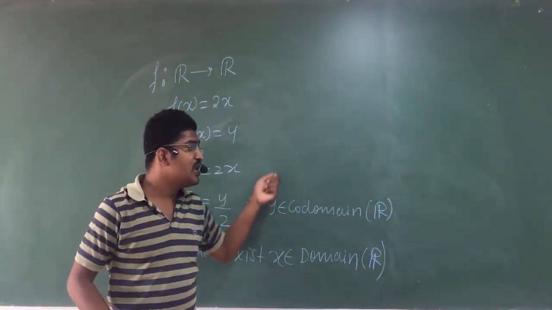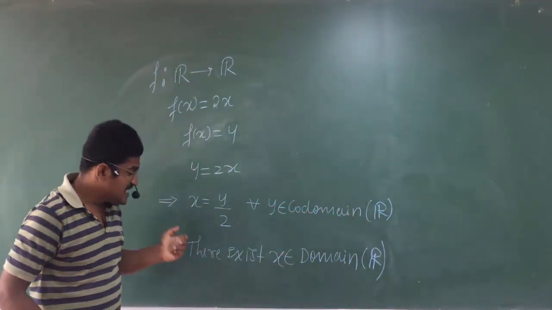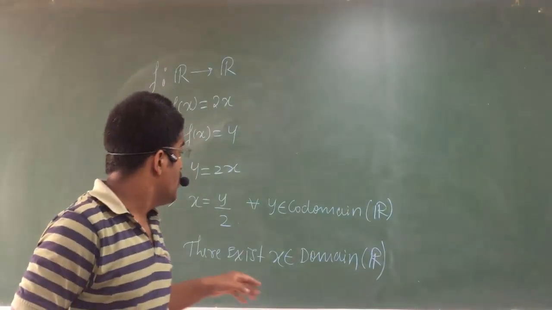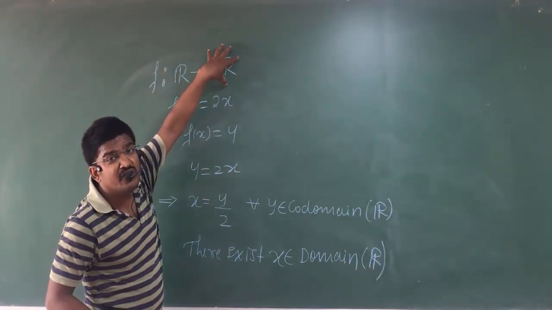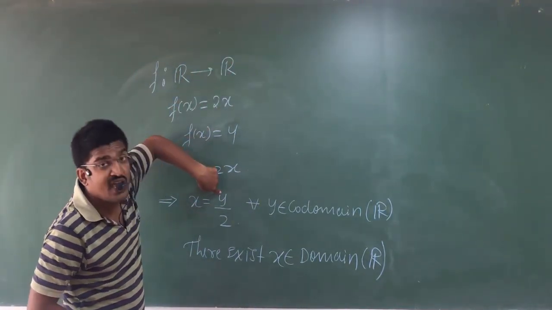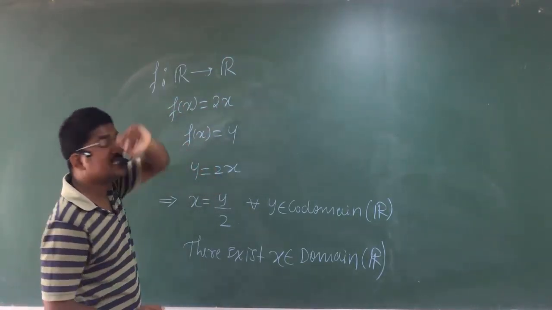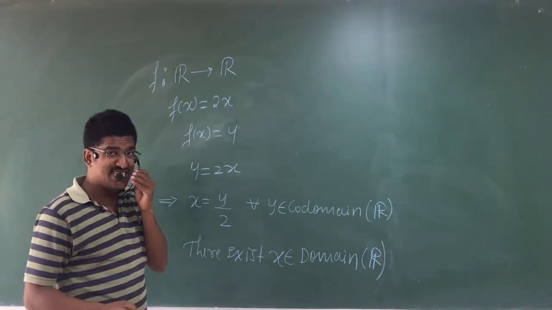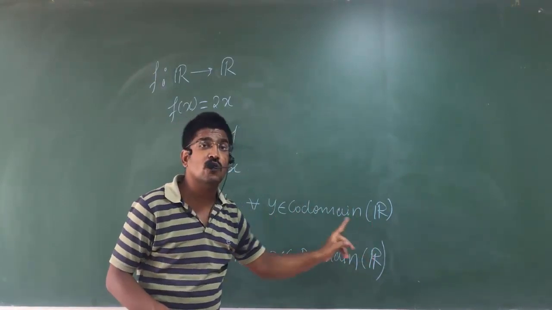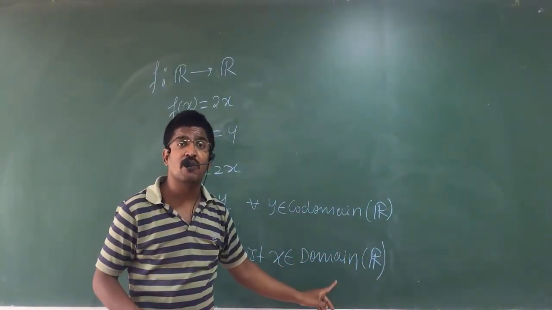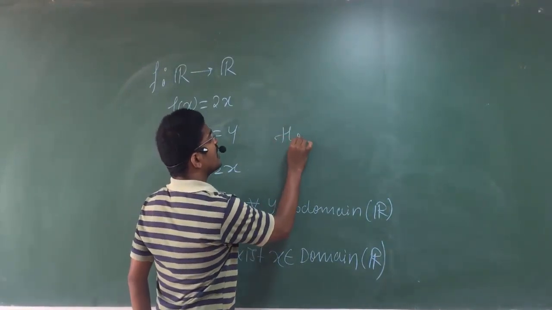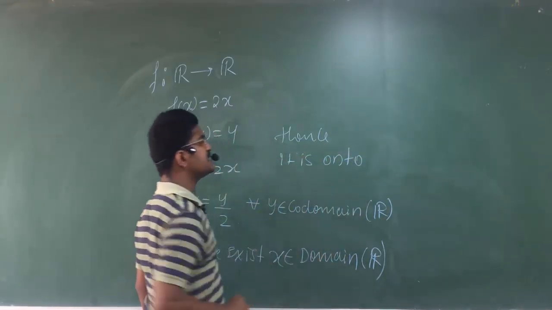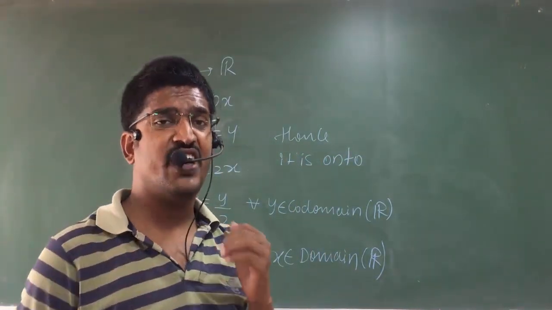Clear? So you can choose any real number from the codomain for this y. That will give you the value of x. So for every y belongs to codomain, there exists x belongs to domain. Hence, I can say that it is onto. I think it is very much clear to you.